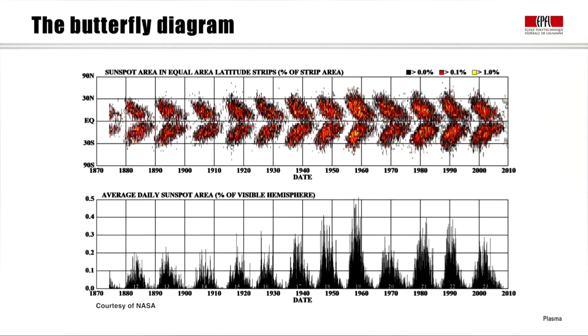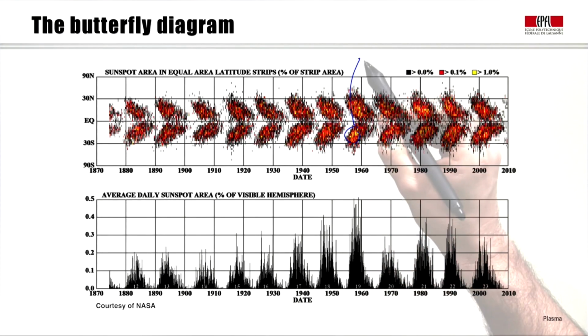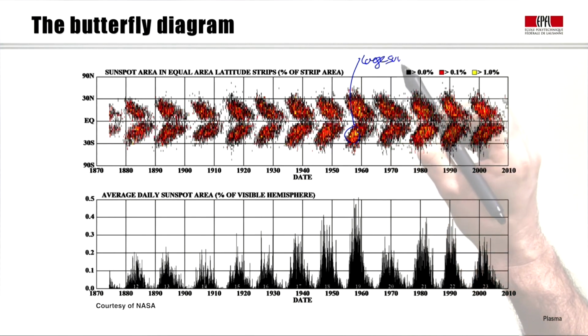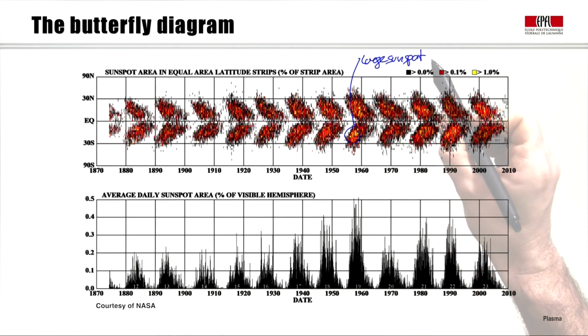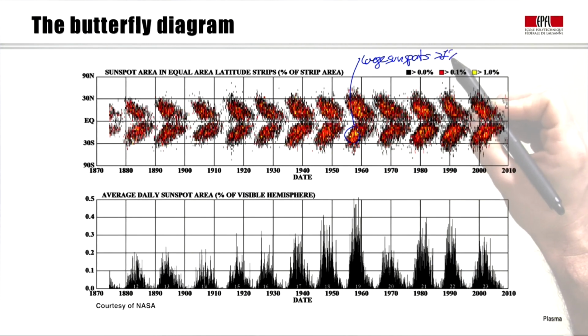The position of the sunspots in terms of their latitude has been recorded, and a clear trend emerged. This plot shows the distribution of the sunspot area as a function of the latitude of the Sun during each cycle. Yellow color indicates large sunspots that have an area which is larger than 1% of the hemisphere where the sunspot is located.